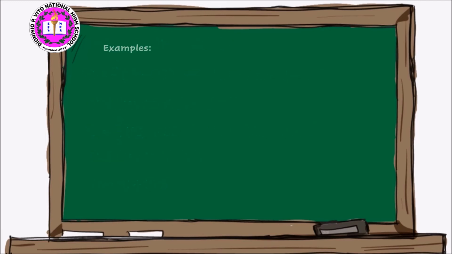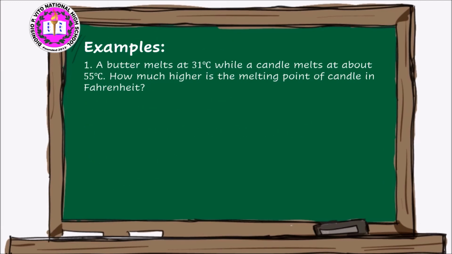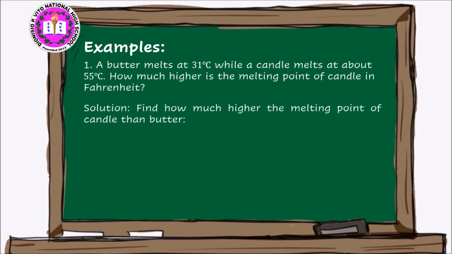For example, butter melts at 31 degrees Celsius while a candle melts at about 55 degrees Celsius. How much higher is the melting point of the candle in Fahrenheit? For our solution, let's find how much higher the melting point of the candle is than butter. So we have 55 degrees Celsius minus 31 degrees Celsius, which is equal to 24 degrees Celsius.